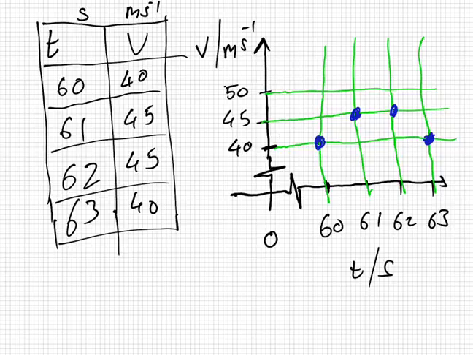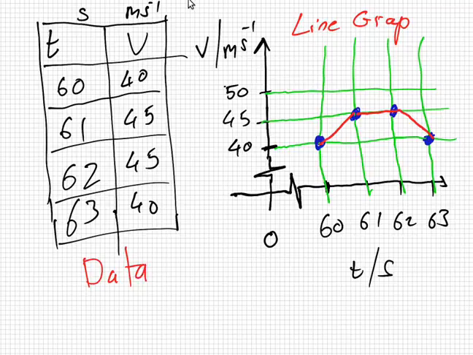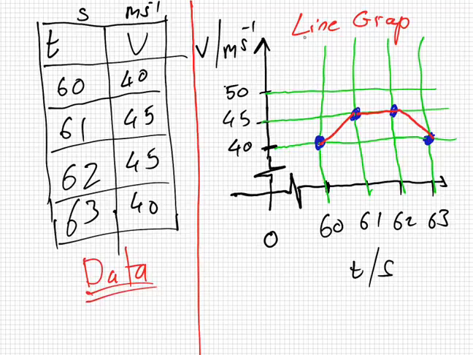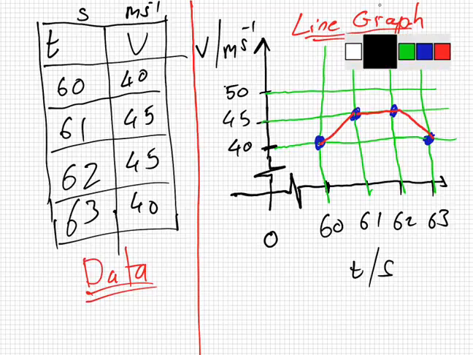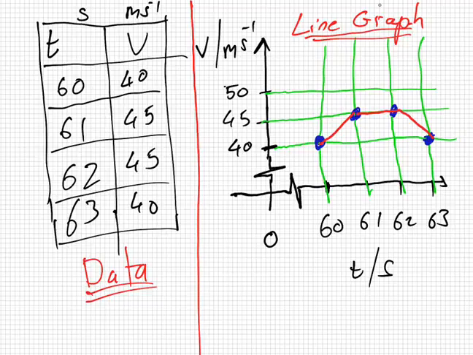So now I join them line by line, dot by dot. So there's the first one, there's the second one, and there's the last one. So this is my line graph. And then this is my data. It doesn't look so bad.